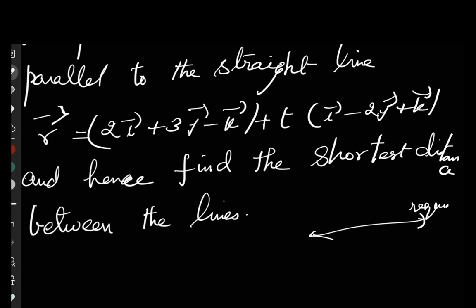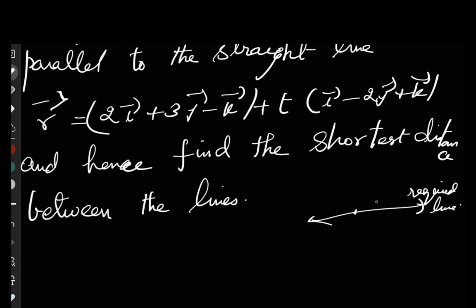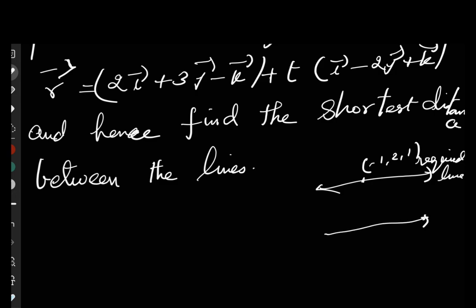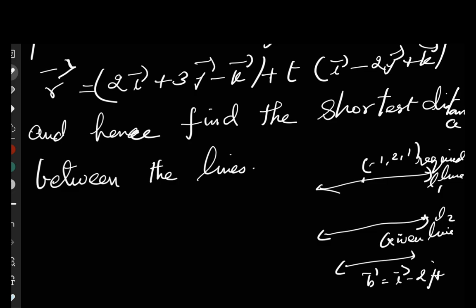So this is our required line. It passes through the point (minus 1, 2, 1), and it is also parallel to the given line. Let me mark these as L1, L2. The given line is parallel to the vector B, which is equal to i minus 2j plus k. Therefore the required line is also parallel to the same vector.